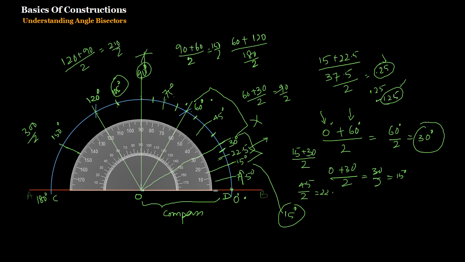To construct 90, you need at least 60 and 120, the basic diagram where you started off with that big arc from C to D. All of them are angle bisectors of two angles. So understand this concept, then we'll go to the next video and try this practically.